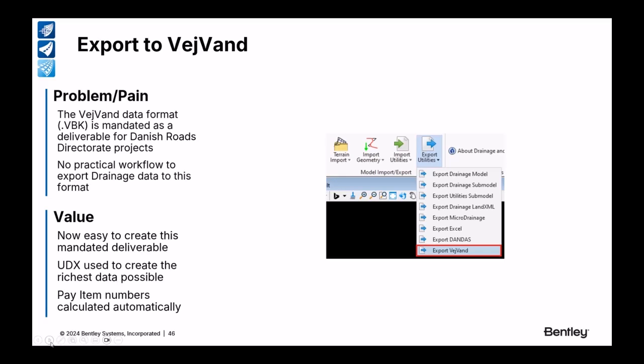Now, more generally speaking, we've used some user data extensions to do some calculations to give us an automated pay item number. So for a certain size of conduit, you know, if it's a certain depth below the surface, then use one pay item number. And as the depth increases by a certain band, then the pay item number will increase automatically as well.